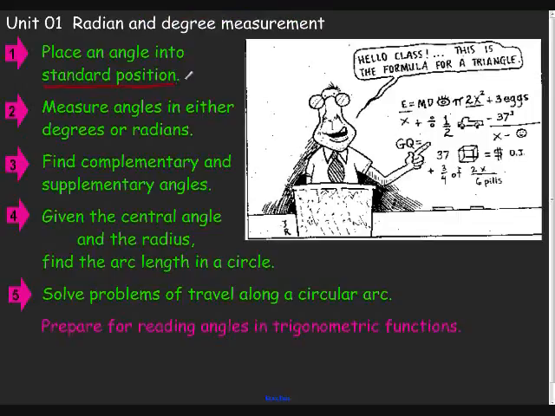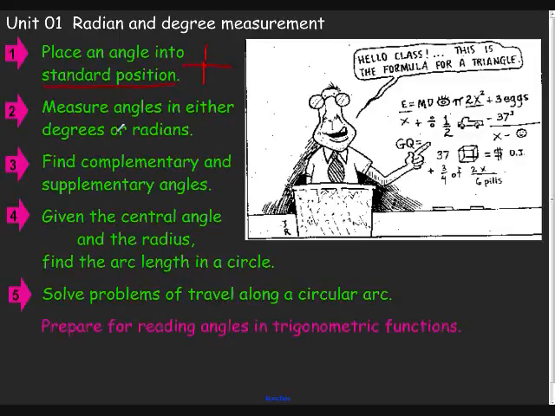Placing an angle into standard position, really, it's so simple. All it means is that your vertex is right here, your initial ray is here, and your terminal ray is somewhere on the coordinate plane, emanating from the origin.